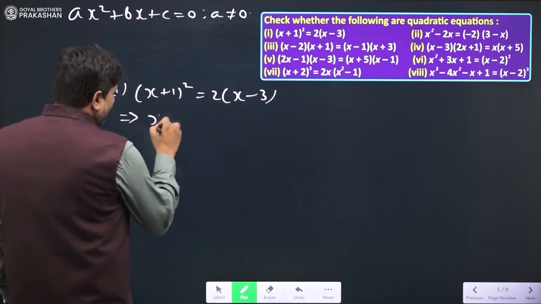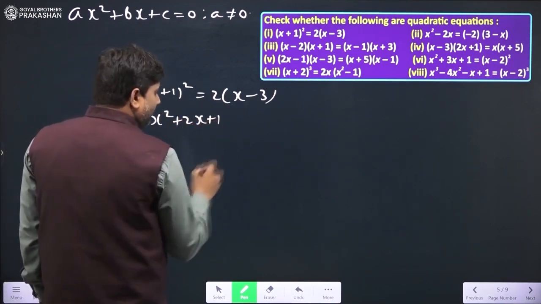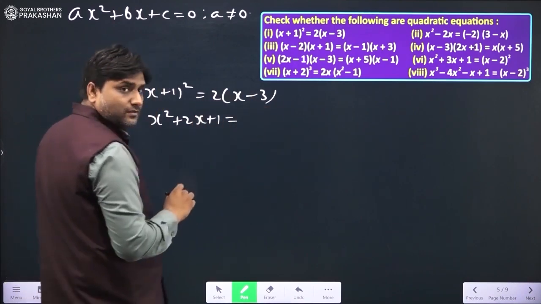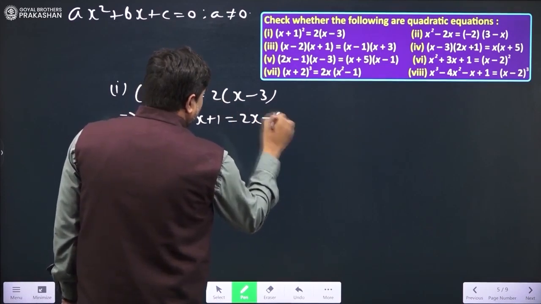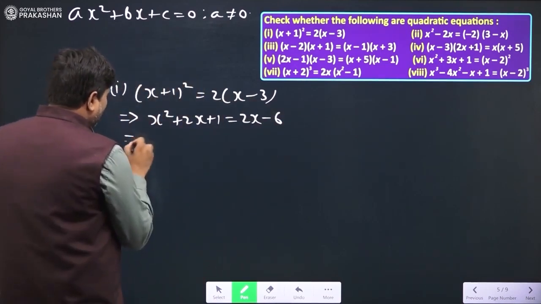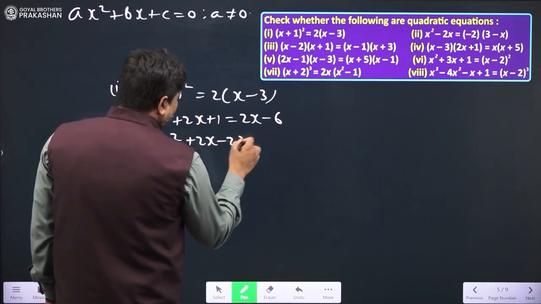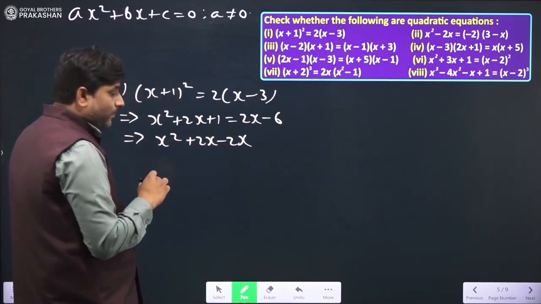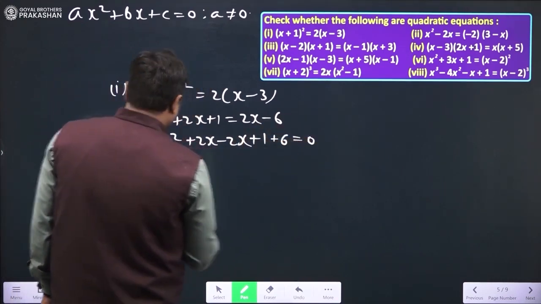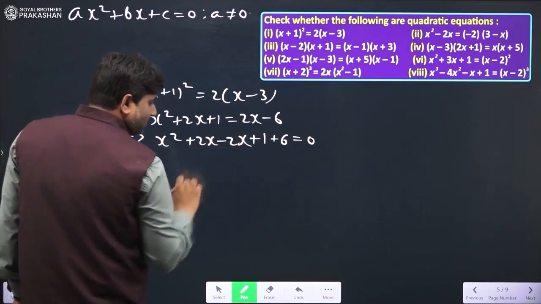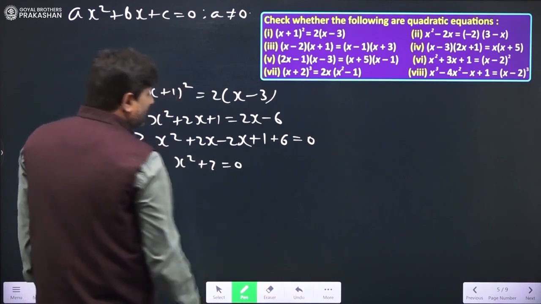So x plus 1 whole square is now x square plus 2x plus 1 is equal to, if we open this bracket, 2 into x, 2x, minus 6, 2 into minus 3 is minus 6. So it means x square plus 2x minus 2x, this 2x comes to LHS, plus 1 plus 6 is equal to 0. This implies 2x minus 2x gets cancelled and x square plus 7 is equal to 0.